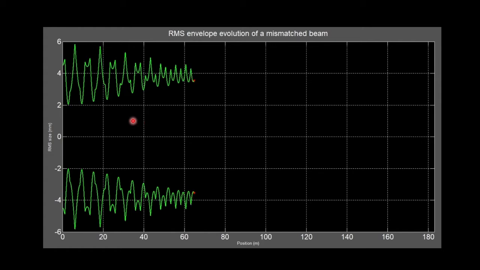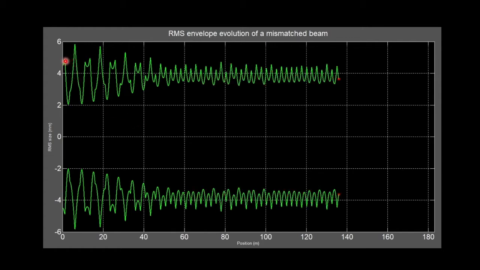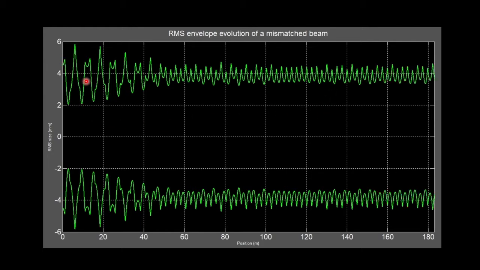Now, as you can see, if we have an initial mismatch of 50%, the beam behaves in a different way than what we observed with the matched condition. It's very clear from the plot qualitatively that there are two types of oscillation that we can observe. There are these oscillations with shorter wavelengths, and they are the same as the oscillations that we observed with the matched beam.